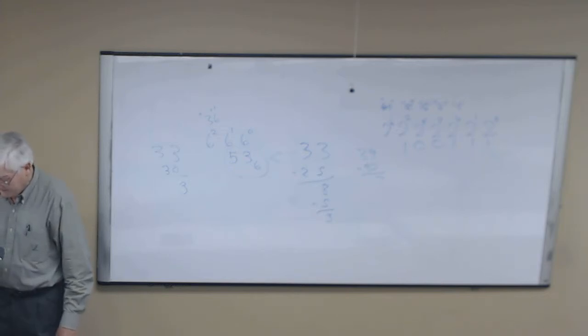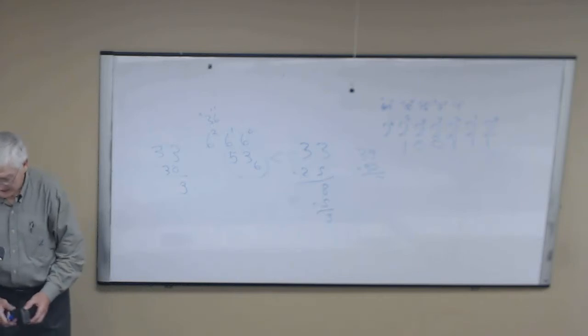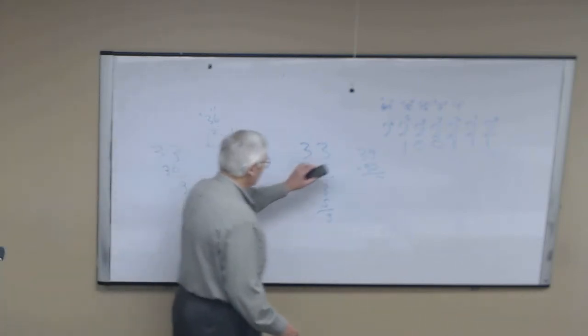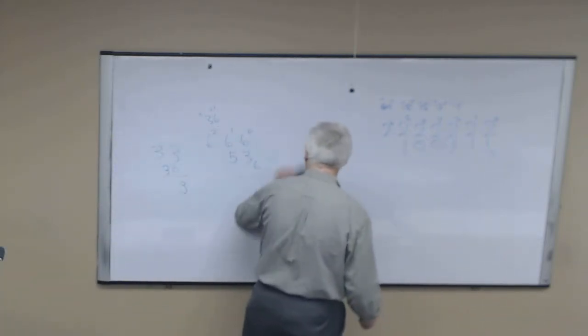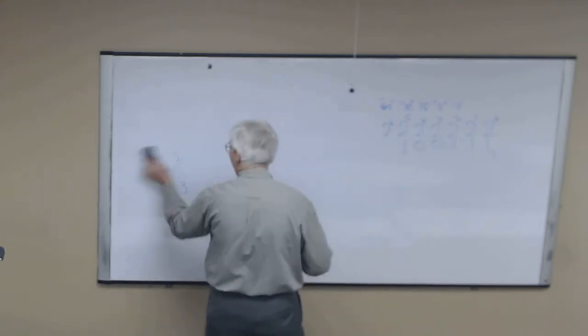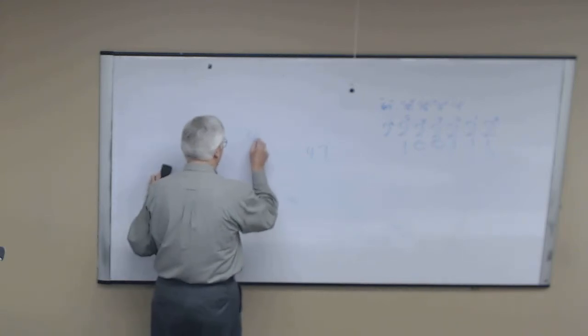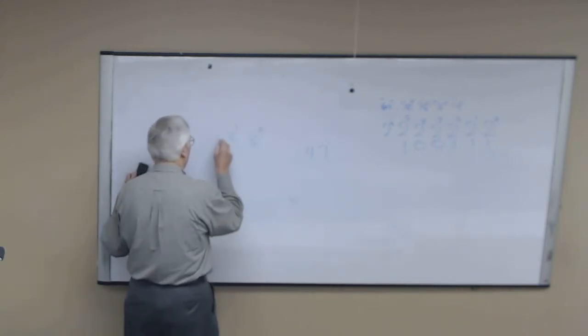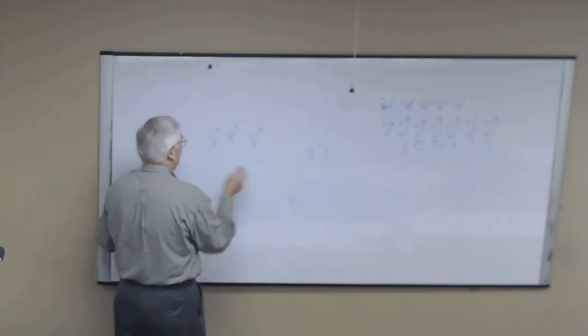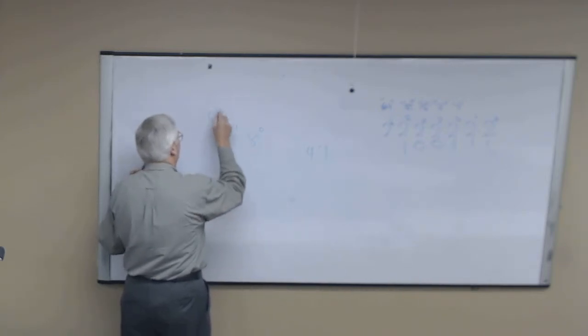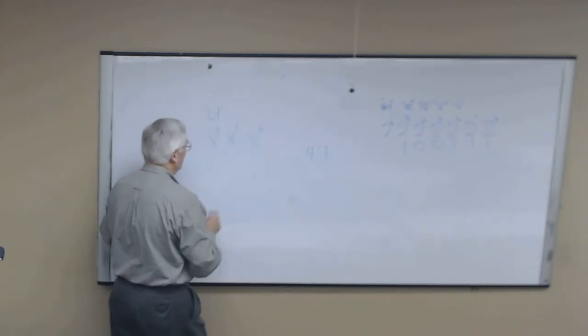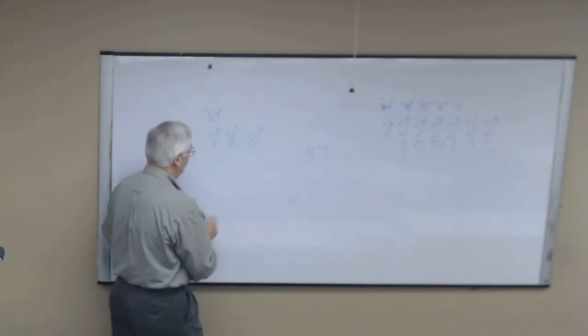Convert 47, number 17, to base 8. So now they're saying use 47. And base 8 is 8 to the 0, 8 to the 1, 8 squared. Well, 8 squared is 64, so I know I don't have any of those. But how many 8s do I have?